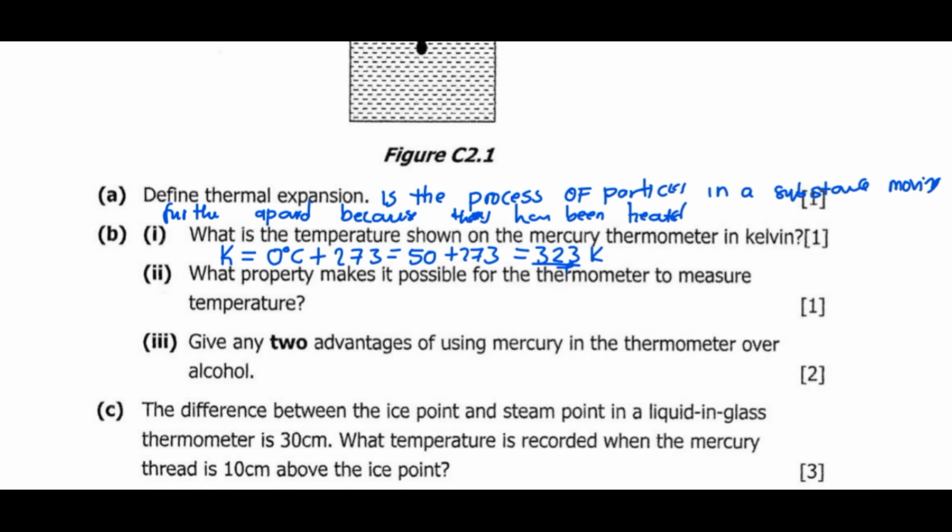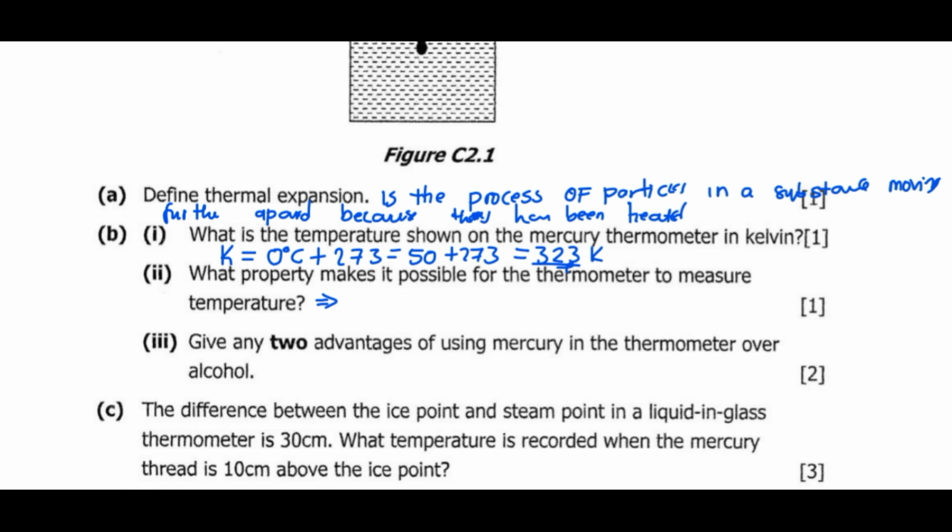Then, what property makes it possible for the thermometer to measure temperature? The property here is, we can say, high sensitivity to a change in temperature. Which thermometer are we looking at here? The presence of mercury.